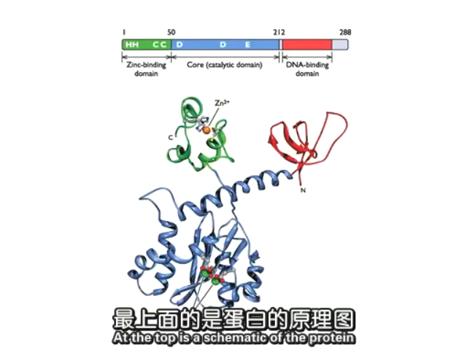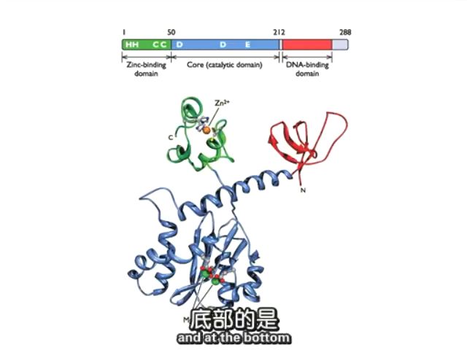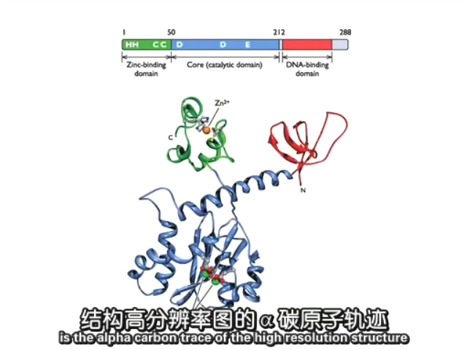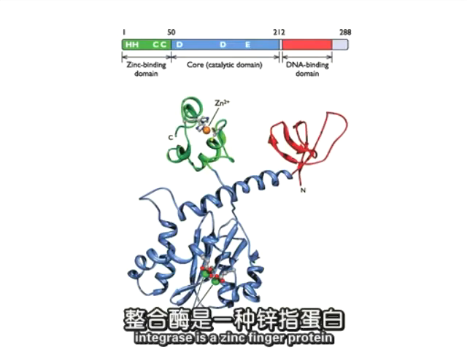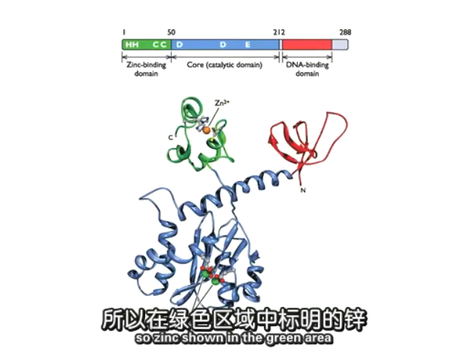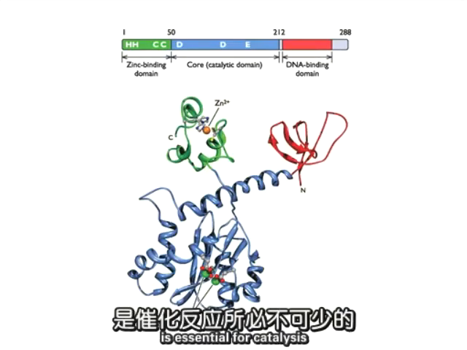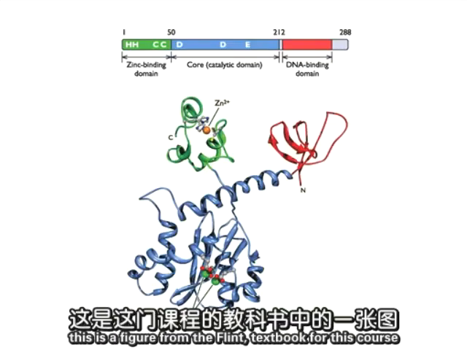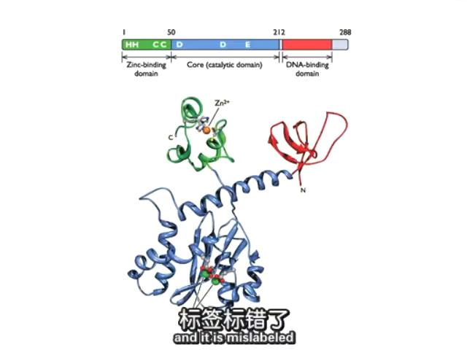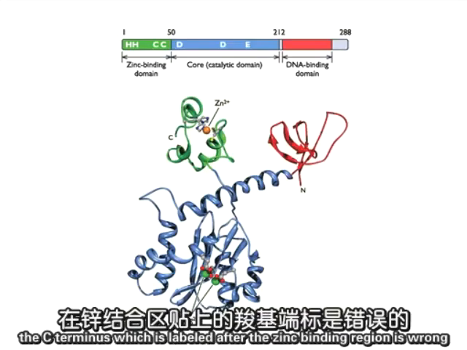At the top is a schematic of the protein, and at the bottom is the alpha carbon trace of the high resolution structure. Integrase is a zinc finger protein, so zinc, shown in the green area, is essential for catalysis. This is a figure from Flint, the textbook for this course, and it's mislabeled. The C-terminus, which is labeled after the zinc binding region, is wrong.